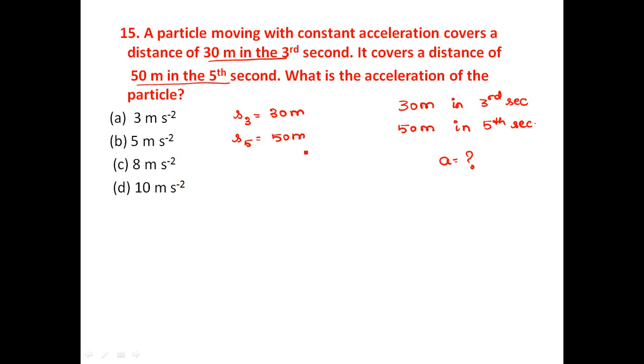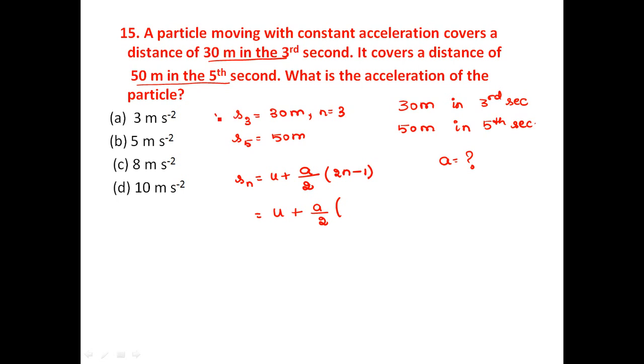We are assuming our initial velocity as u, and the expression that we are going to consider here is Sn is equal to u plus a by 2, 2n minus 1. We don't know the value of acceleration, so we'll write it as it is. N here is equal to 3, right?